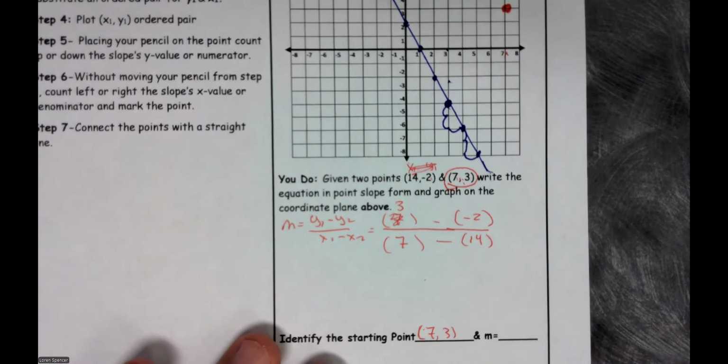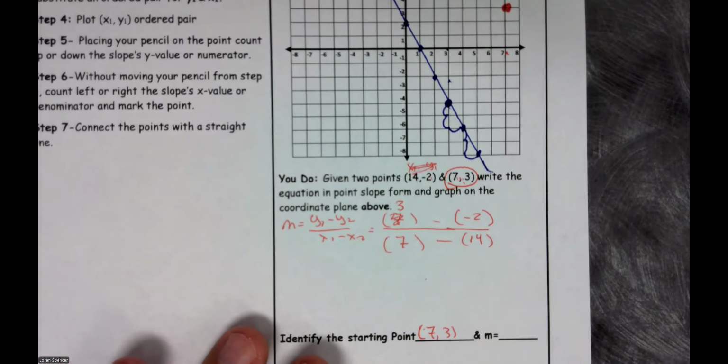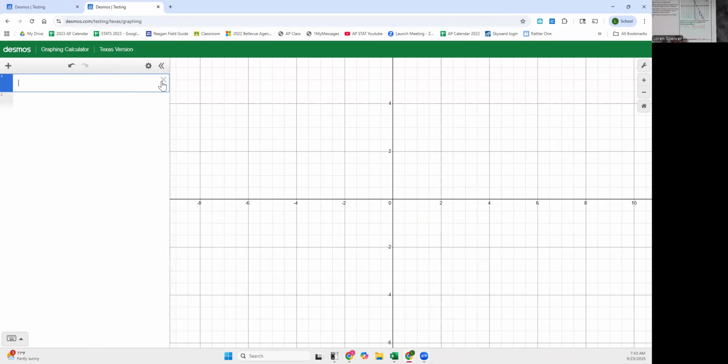Let's slip into Desmos and have that do the calculation for us. And get rid of this and that and do parenthesis minus parenthesis and parenthesis minus parenthesis. This is 3. This is -2.